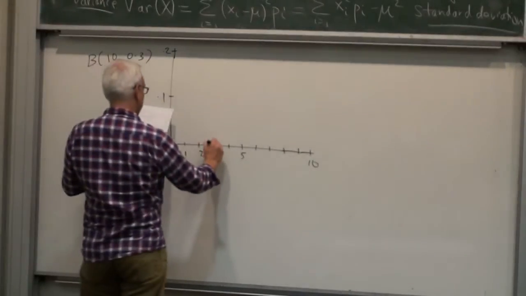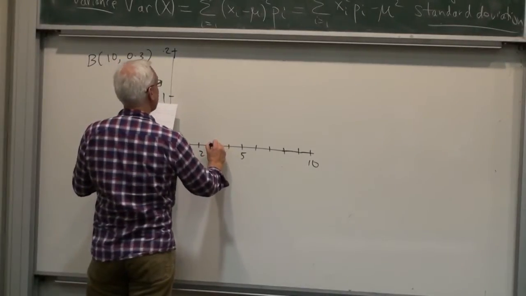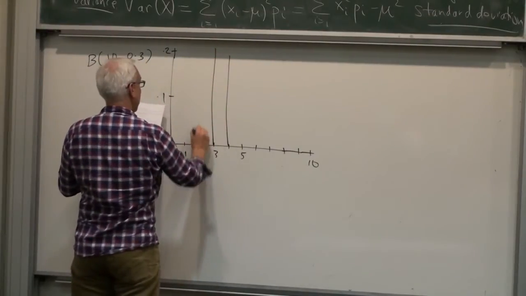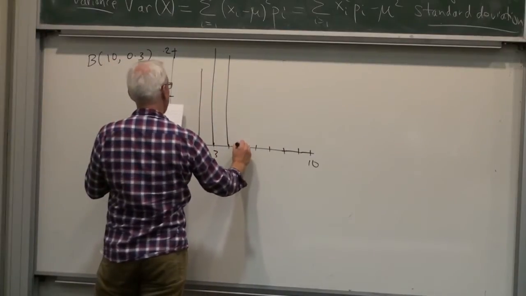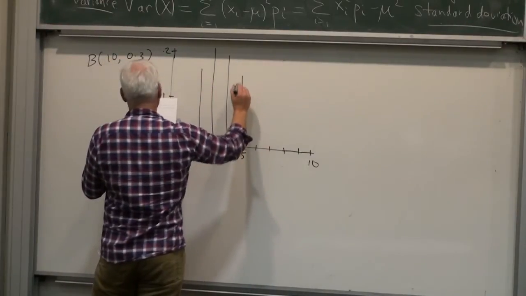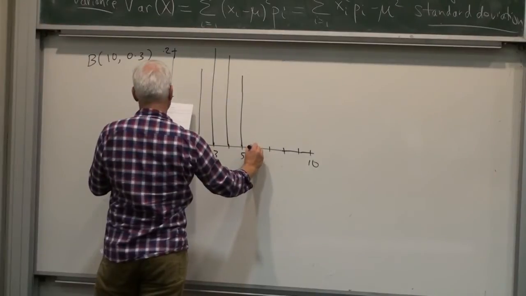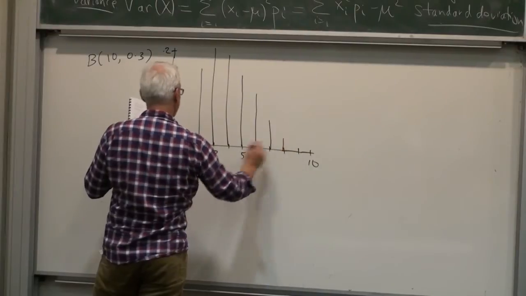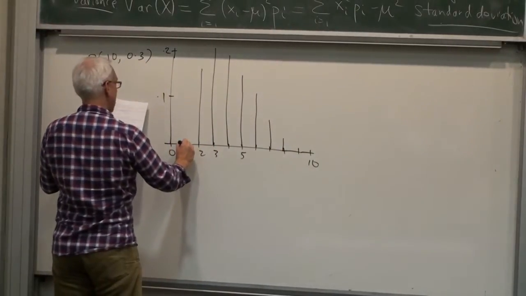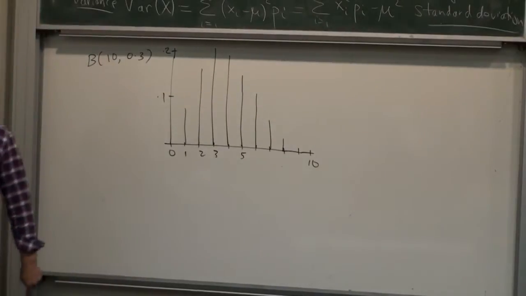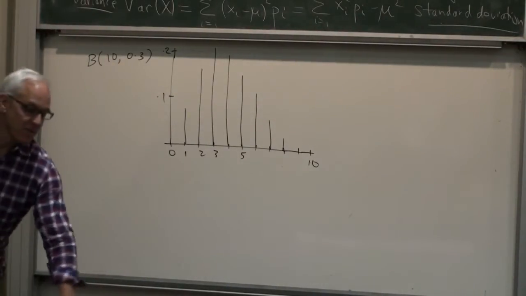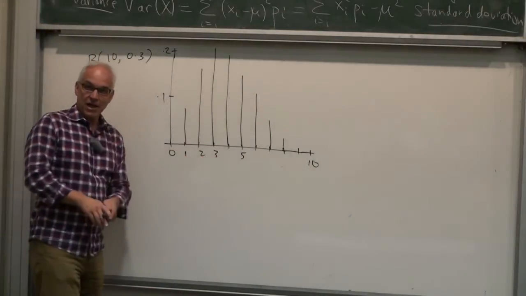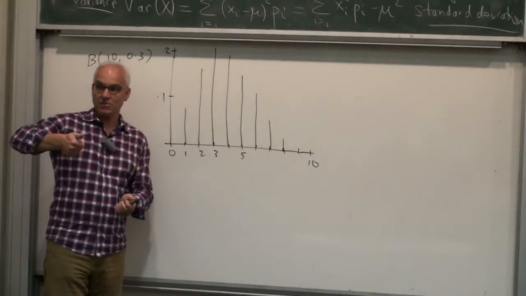In this case, the maximum is just around 3, and then it's a little bit lopsided. So these probabilities represent the probability of getting k heads if the probability of getting one head is 0.3.